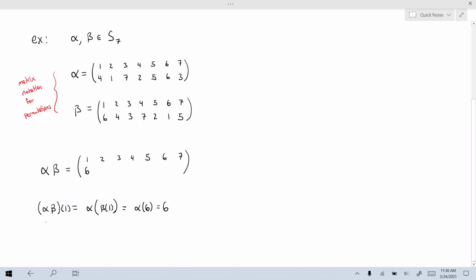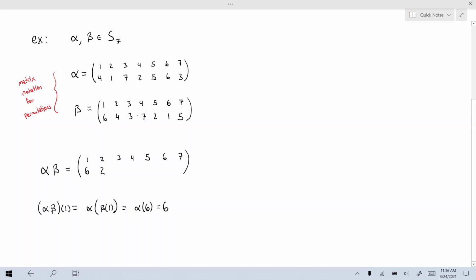Now I'm not going to write this out for everything, so I'm just going to do it a little bit more quickly, but hopefully you'll get the idea as we go along. So to get alpha beta of 2, first I would need beta of 2, which is 4. And then I would need alpha of 4, which is 2. To get alpha beta of 3, beta of 3 is 3.